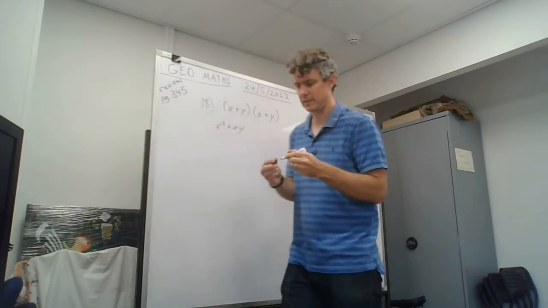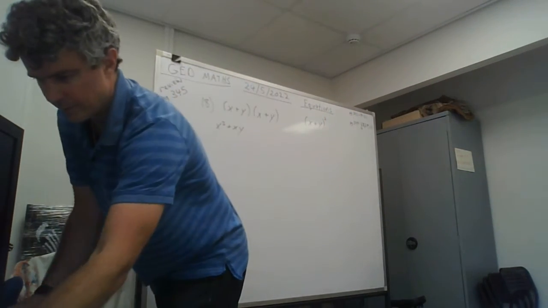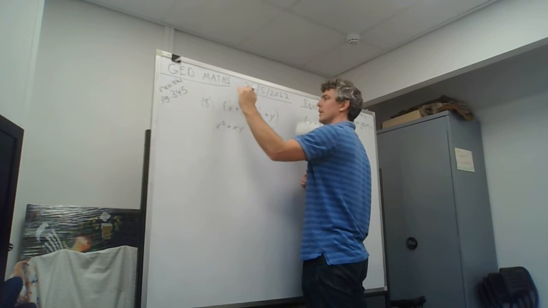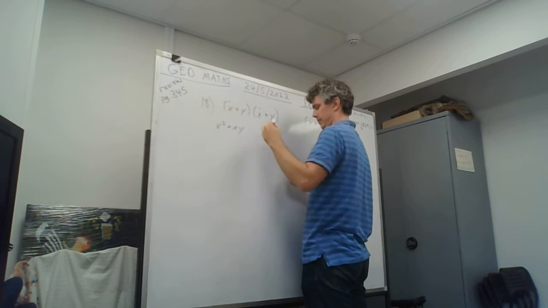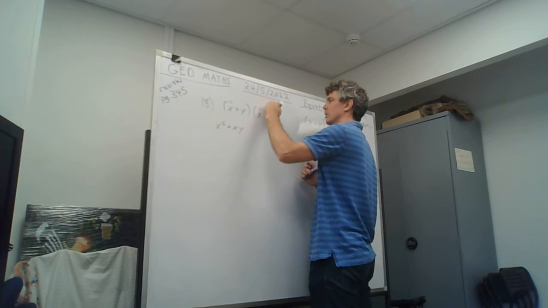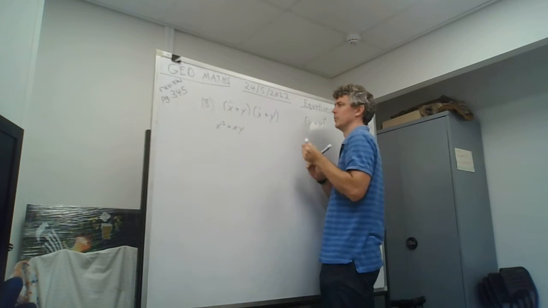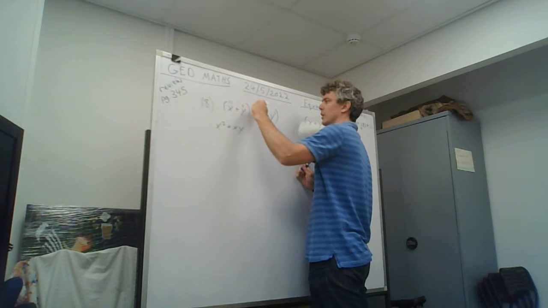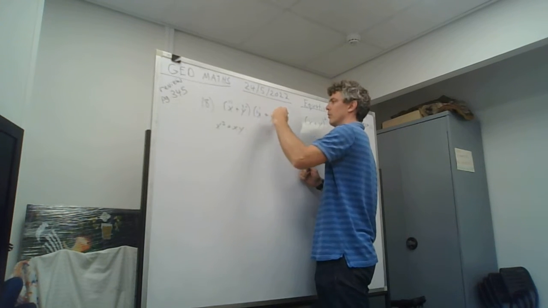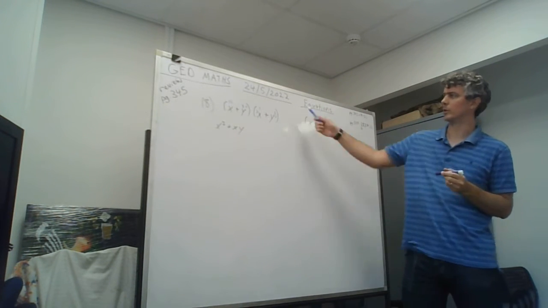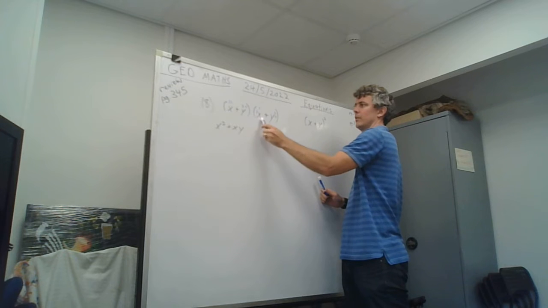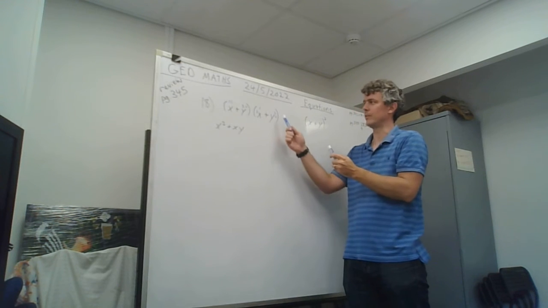So this is the first, let me write numbers here to show the order: 1 and 1, then 2 and 2, then 3 and 3, and 4 and 4. That's the order that we do it in. Are these numbers confusing?